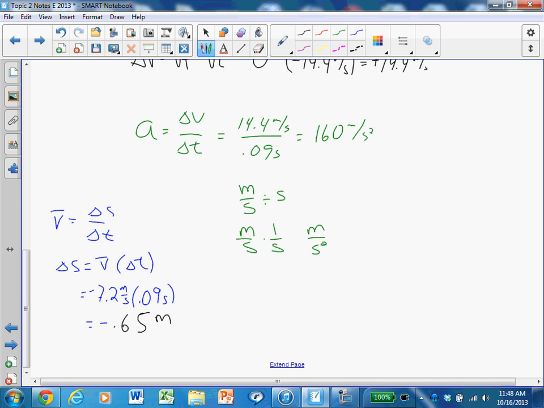The slope on a velocity versus time graph is the acceleration. The area between the acceleration curve and the t-axis is the what?